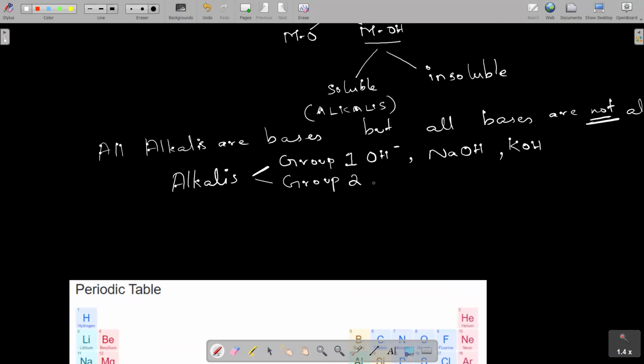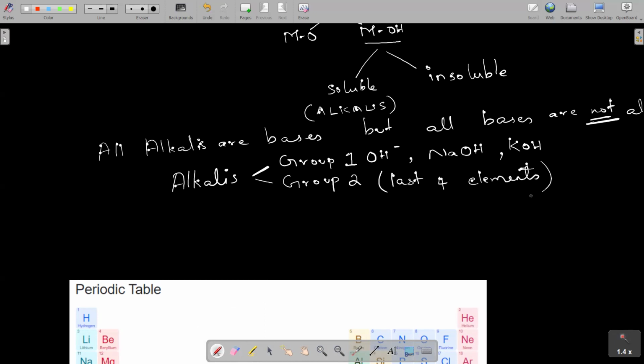So group 2 hydroxides, you have the last 4 elements which are alkalis. Make sure to write all of this down in your notebooks so that you can get back to it while you are revising for your exam or your tests.